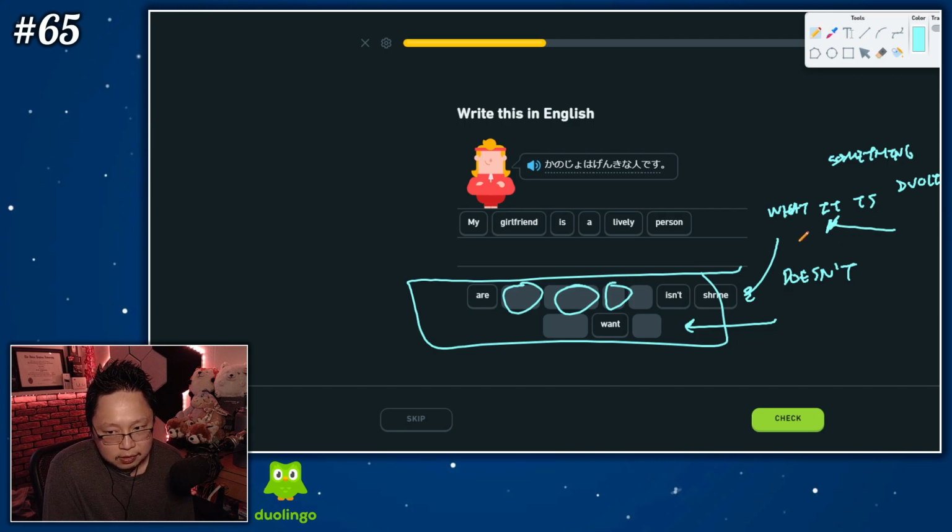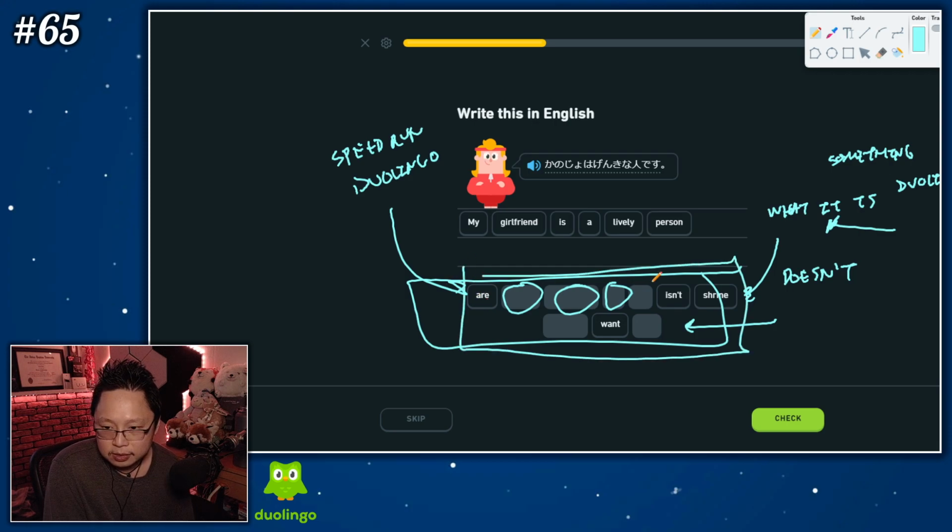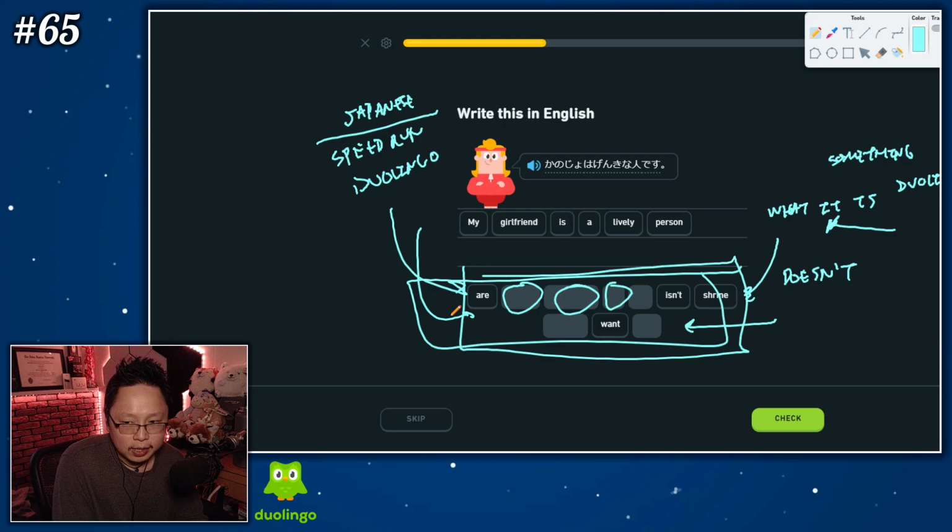So usually, in my opinion, after watching other people speed run Duolingo, they look for the right answers. As in, it speeds up if you only look for the right answer. It's a lot faster. Although they are already competent in Japanese. People who speed run Duolingo, they're already competent in Japanese. So they're playing it like a game where you can look for the right answers, and I can tell you it's possible.